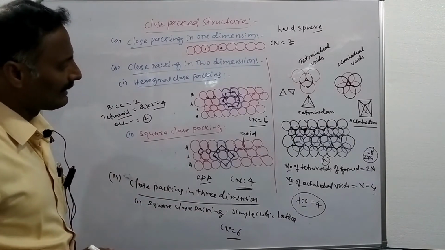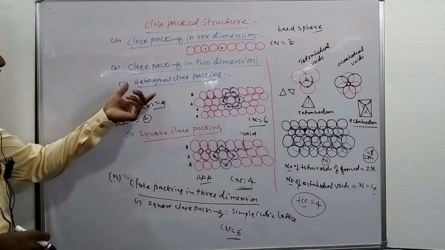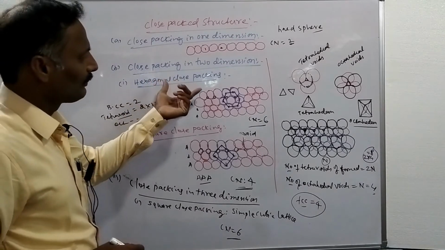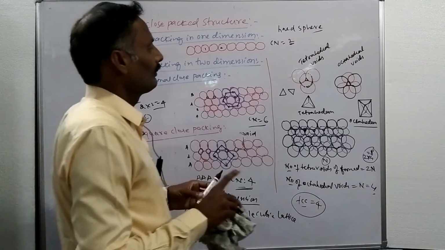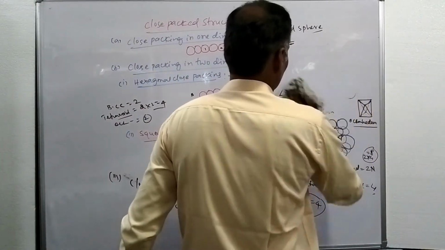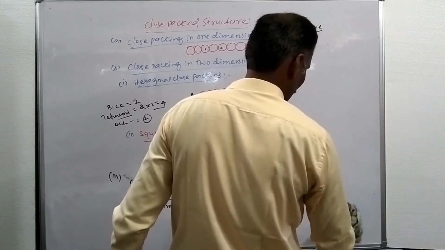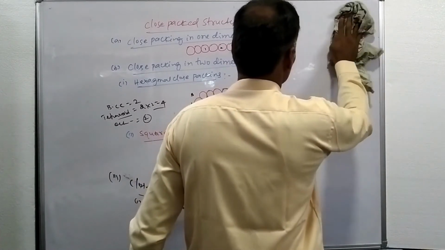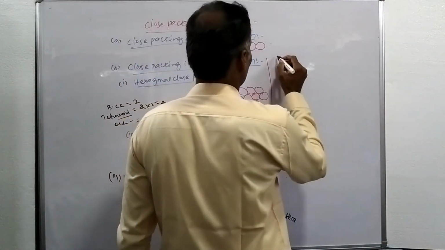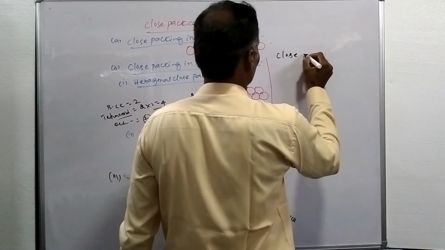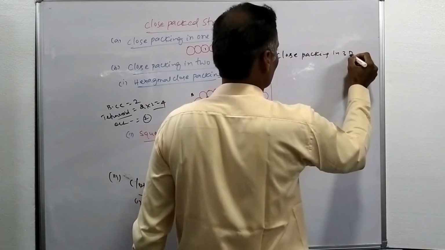Then what about hexagonal close packing in 3 dimensions? In 3-dimensional hexagonal close packing, the arrangement has 2 types of arrangements. Close packing in 3 dimensions.